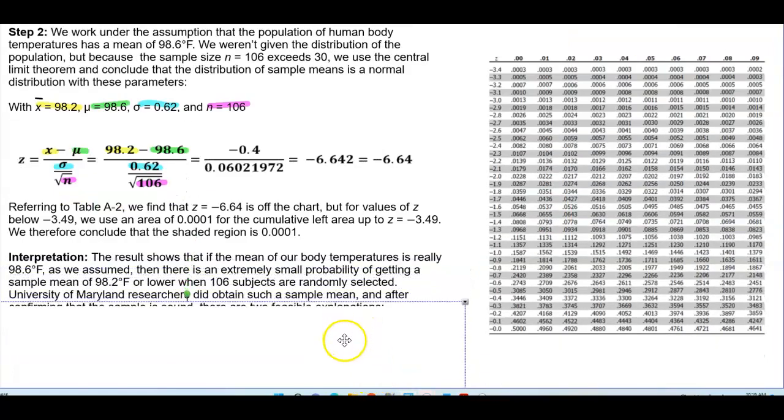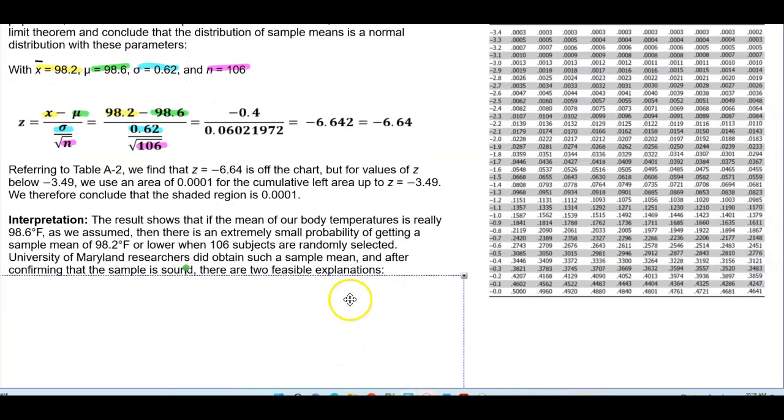So the interpretation: the results show that if the mean body temperature is really 98.6 degrees Fahrenheit, as we assumed, then there is an extremely small possibility of getting a sample mean of 98.2 degrees Fahrenheit or lower when 106 subjects are randomly selected.